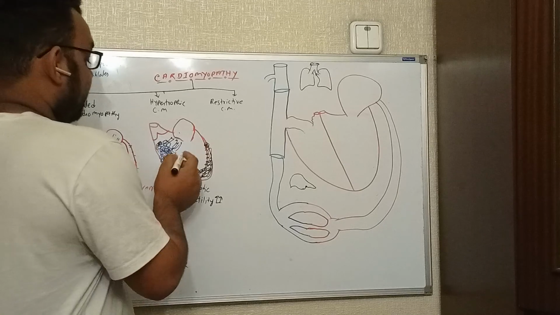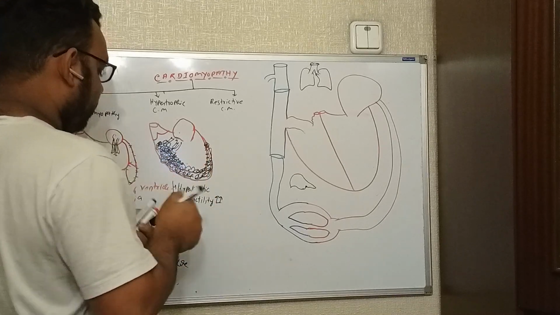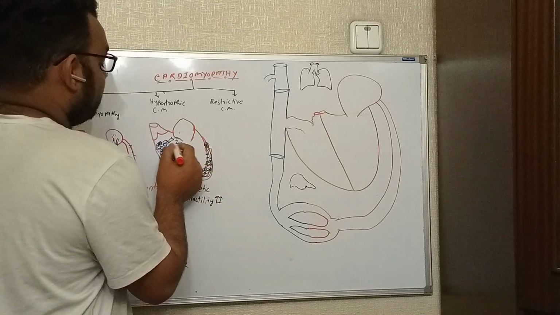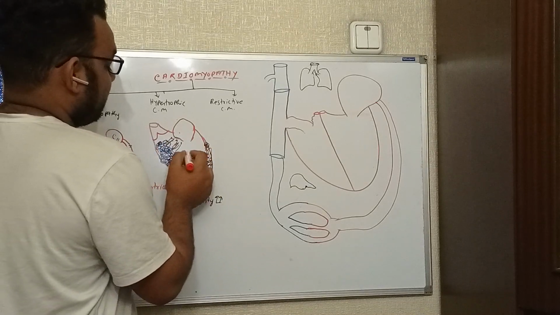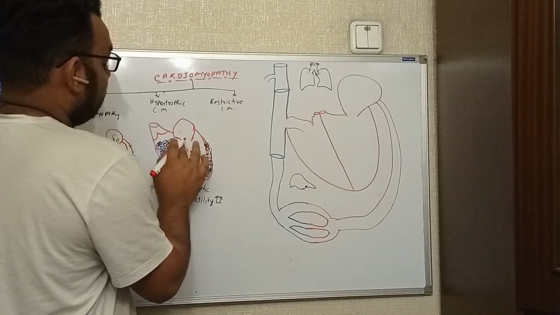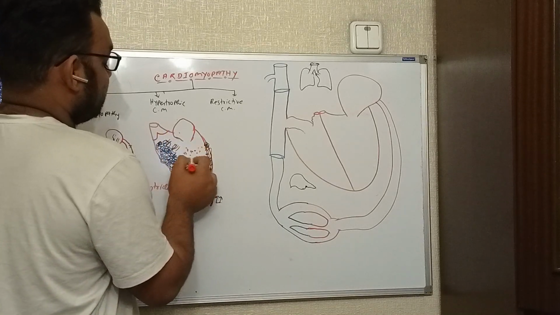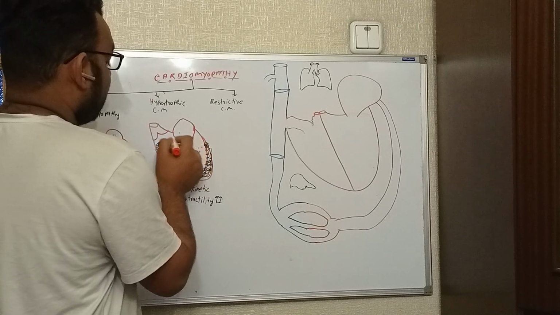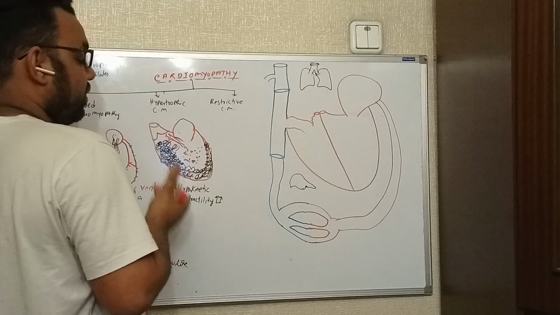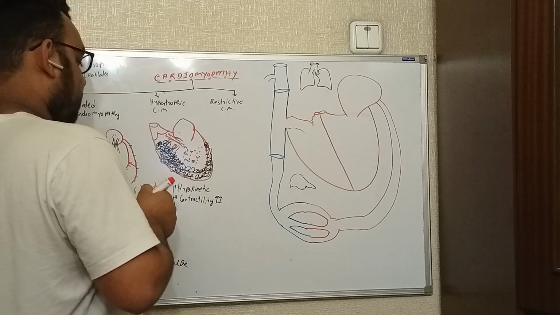So whenever the ventricle squeezes, this will bulge out in these directions. As a result, the blood present here will not be able to go in sufficient amount from these regions to the aorta. So on top of that, we will see obstruction here.